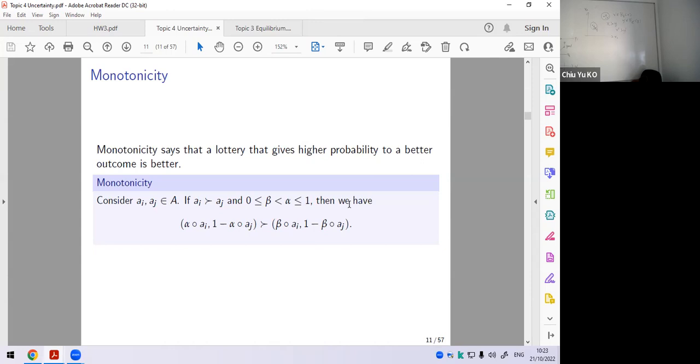Sometimes the difference is so small that you don't really care, so probably you would not have the strict preference, because you're not sensitive. In your mind, maybe alpha is 0.999 and beta is 0.99, and then you probably think they're the same. Or alpha is 0.99959 and beta is 0.99949, and you probably think they're similar.